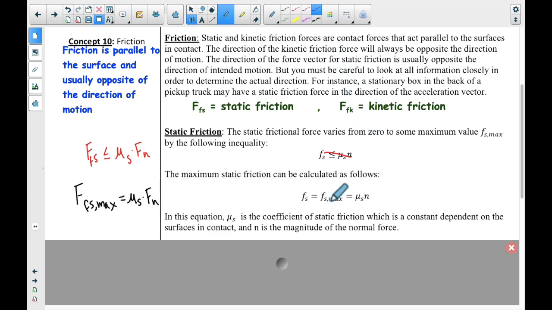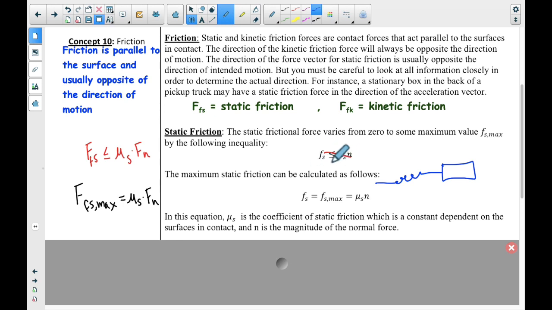And so here we have another equation. This time we're talking about the maximum value. There's a slight differentiation, because remember when we were pulling this with our spring scale, your spring scale reads higher and higher until finally it moves. So there's actually a little bit of a range with our static friction.